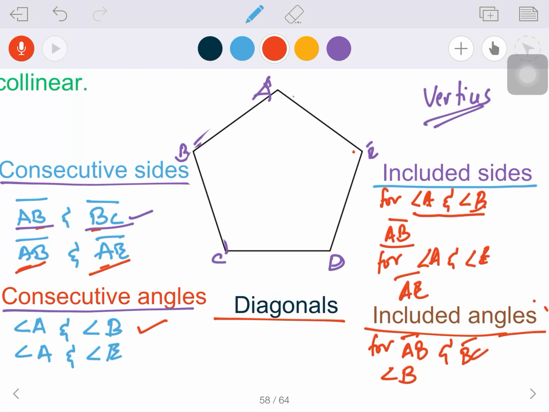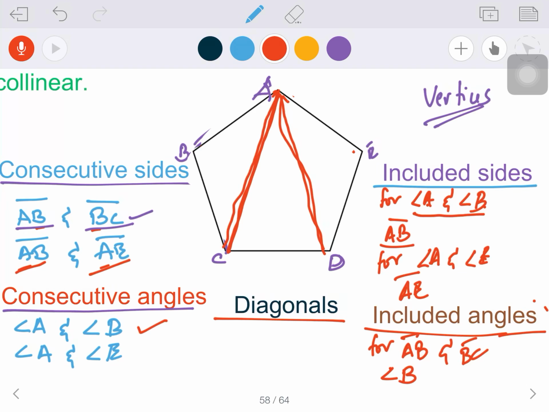So for example, this is point A. I will draw this segment from A to C. This is a diagonal. I can draw another diagonal from A to D. That's another diagonal. So from point A, I can draw two other diagonals to these two points because A and C are non-consecutive vertices, as well as A and D.